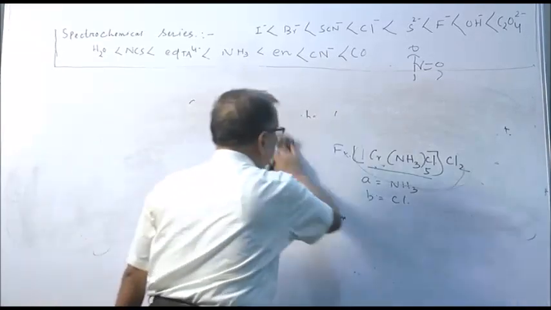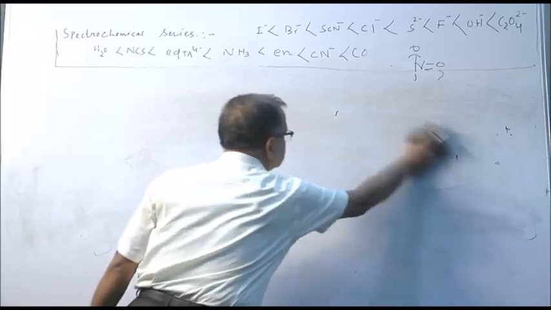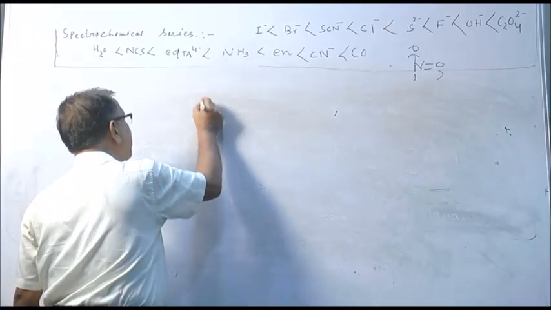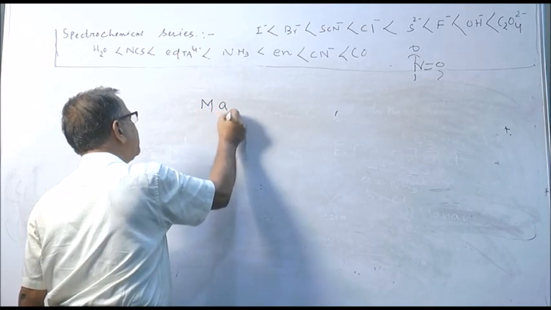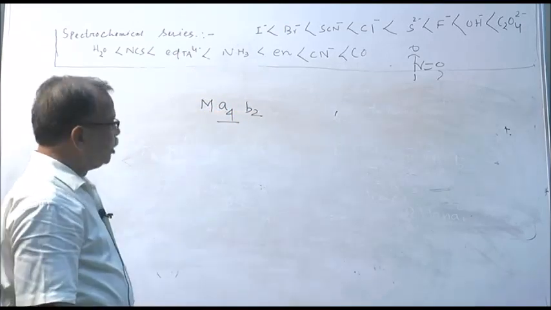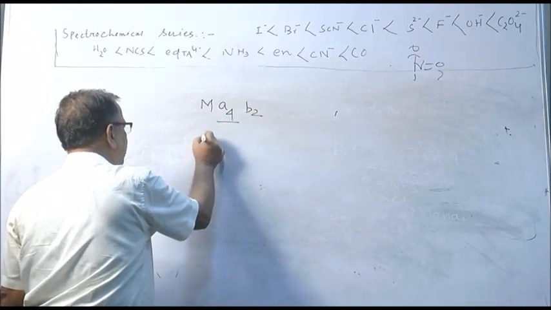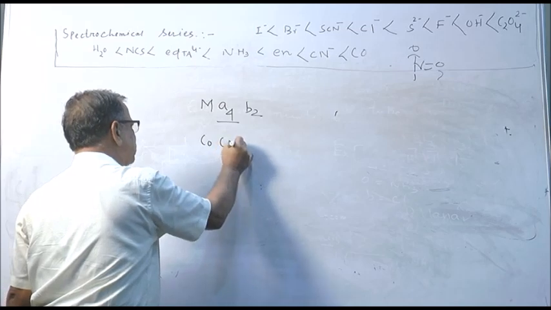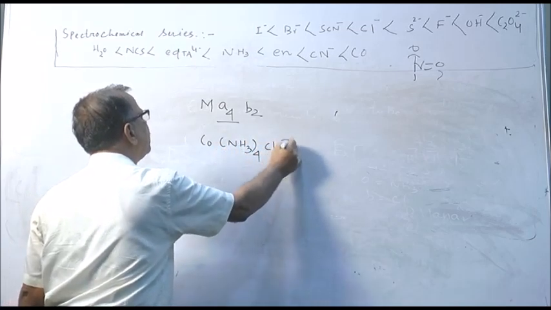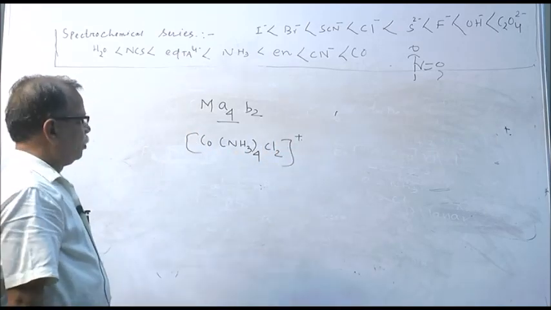Now Ma4B2 type. Ma4B2. 4 similar ligands, and the 2 are different ligands, B2. Co(NH3)4Cl2 plus, this compound.